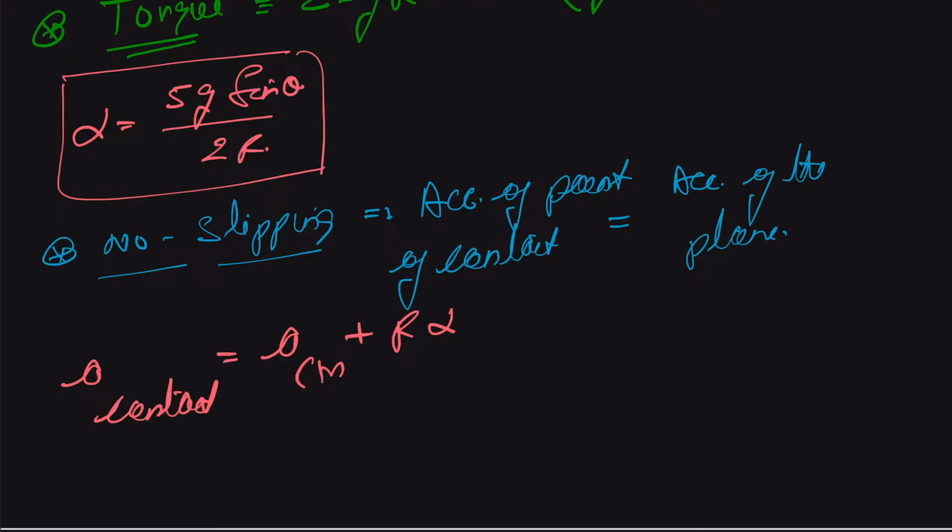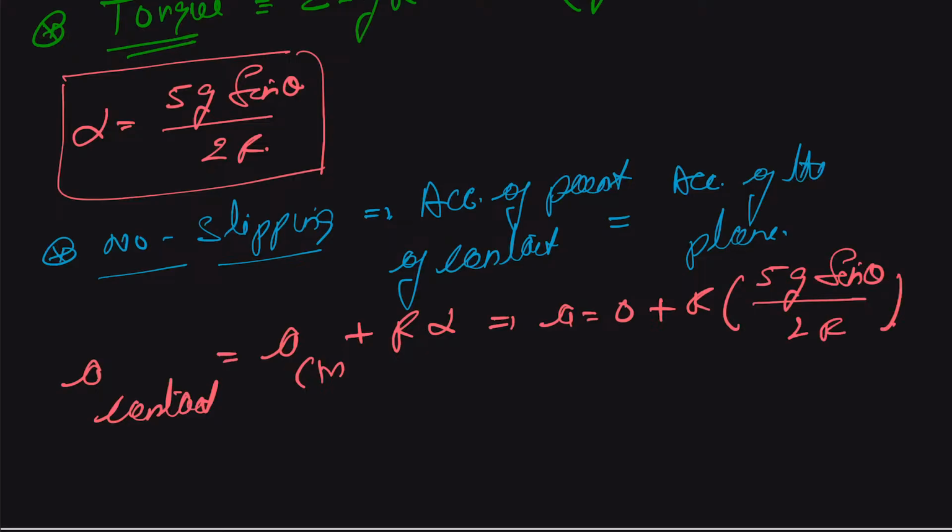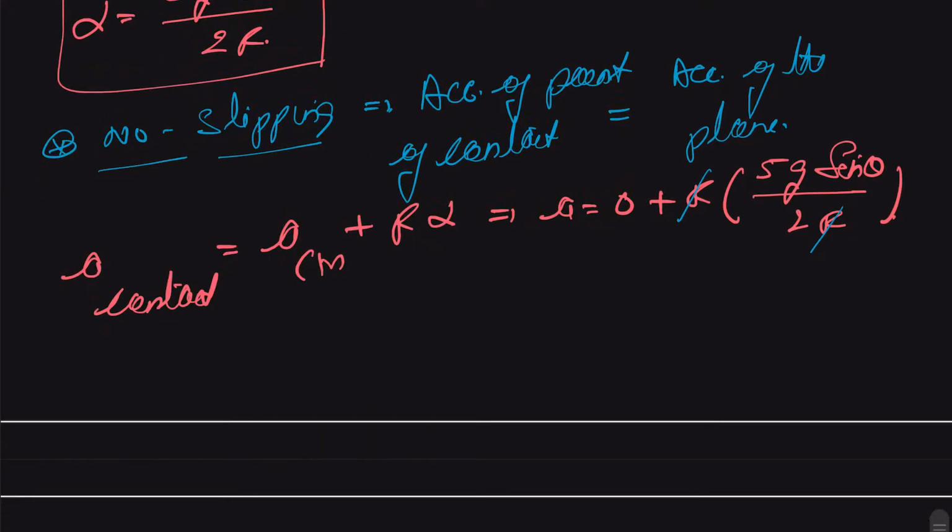Acceleration of contact is nothing but the acceleration of the plane. So we can say that a equals a CM, which is 0, plus r times alpha, and alpha we just calculated is 5g sine of theta divided by 2r. The r and r cancel out. Therefore the acceleration with which the plane, or the entire slope, should be moving will be 5 by 2 times g sine of theta.